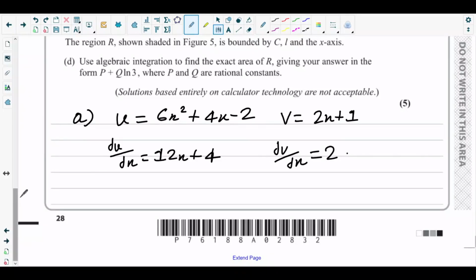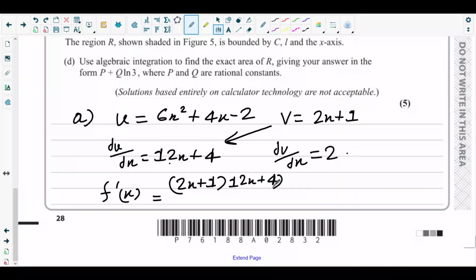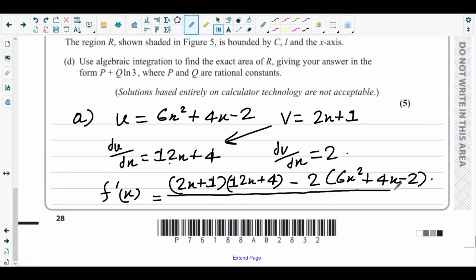So by the quotient rule, f dash x would be v into du over dx, that is 2 times x plus 1 times 12x plus 4, minus u into dv over dx, that is 2 times 6x squared plus 4x minus 2, divided by v squared.